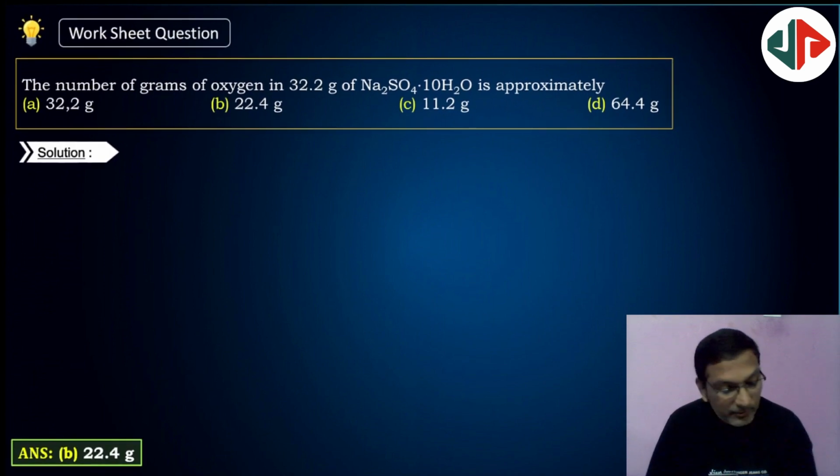So the number of grams of oxygen present in 32.2 grams of Na2SO4 10H2O is approximately. So here given Na2SO4 dot 10H2O, which is a hydrated salt.